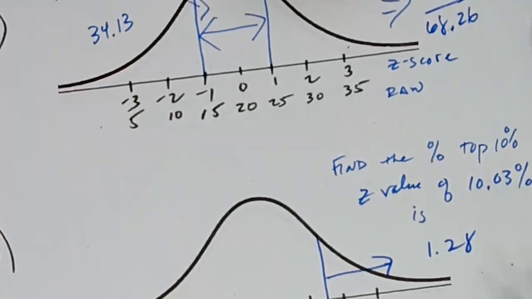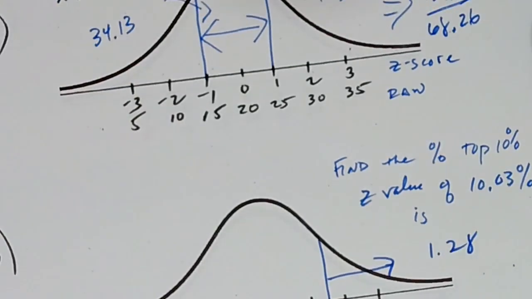We have the Z value, but what we really need is to get it back into a raw score. So in this one, we're going to go from a Z score to a raw score.